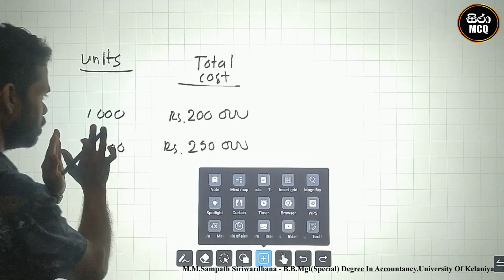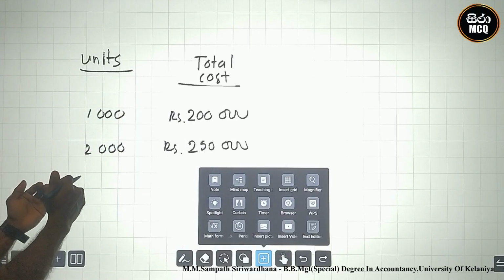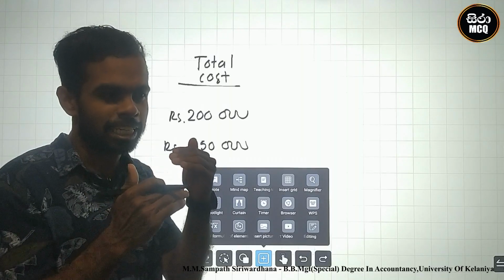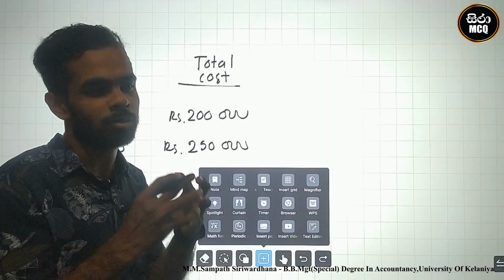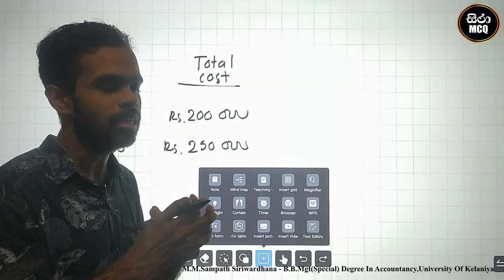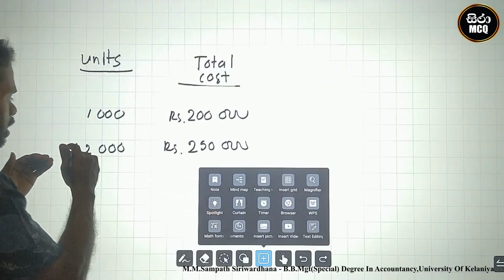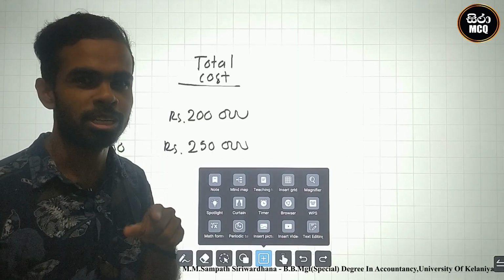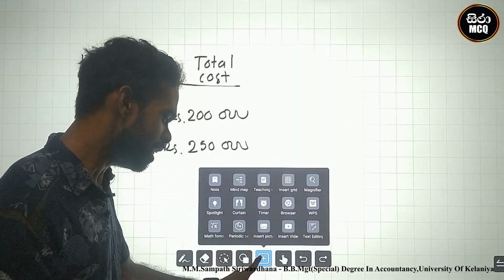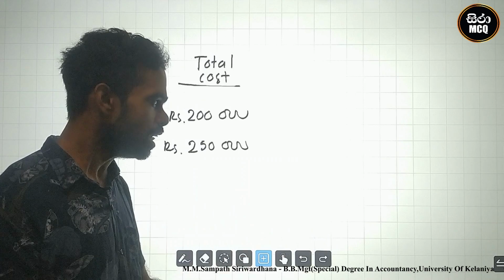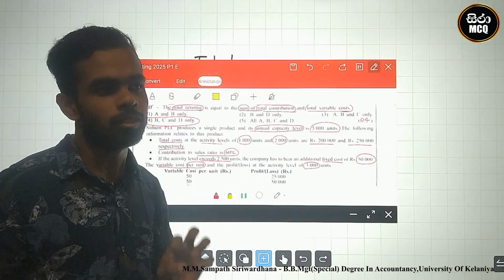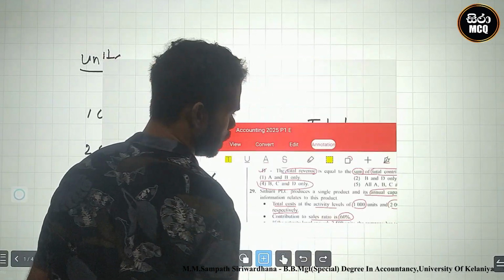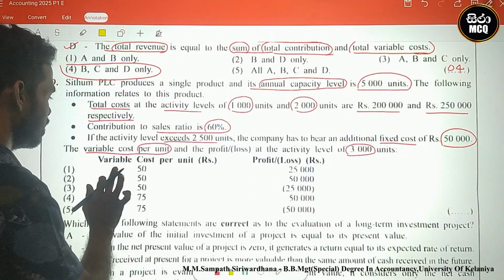Therefore, this additional fixed cost is not related to 1000 and 2000 units.